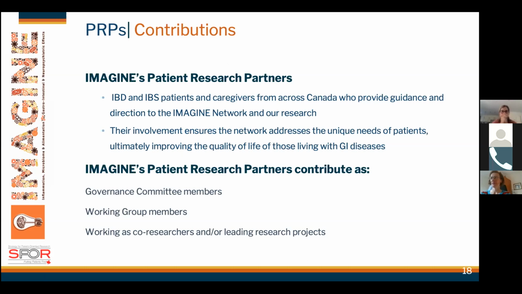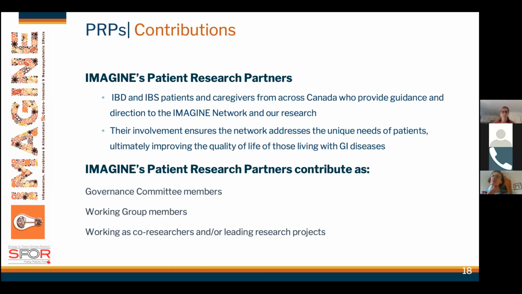They ensure that we address the unique needs of patients and ultimately, hopefully, improve the quality of life for those living with GI diseases. And then, like I said, we have patient research partners embedded throughout the Imagine network on the level of the governance, in working groups, as well as co-researchers and even leading research projects. And so we'll get into more details about that.